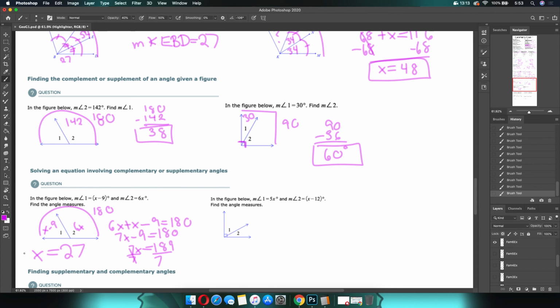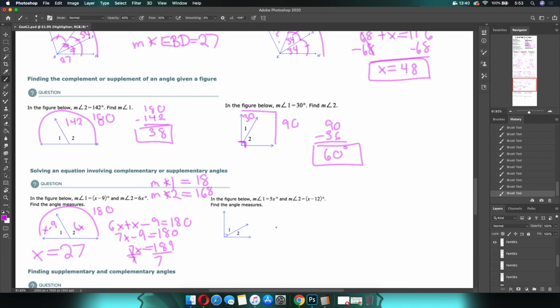Find the angle measures. So you have to find both of them, I think. So the measure of angle 1 is 27 minus 9, which is going to be 18. The measure of angle 2 is going to be 27 times 6. Oh, Lord. So that's 120, 168. 168. There we go.